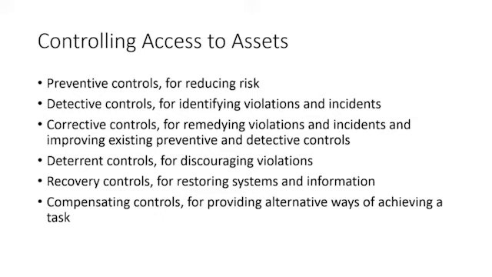We can have corrective controls. So again, something has happened, an incident, but these corrective controls are for remedying the violations and the incidences, improving existing preventative and detective controls. So these corrective controls not only are supposed to fix what we had, we're learning from our mistakes.